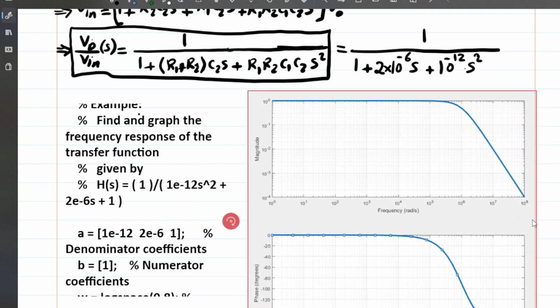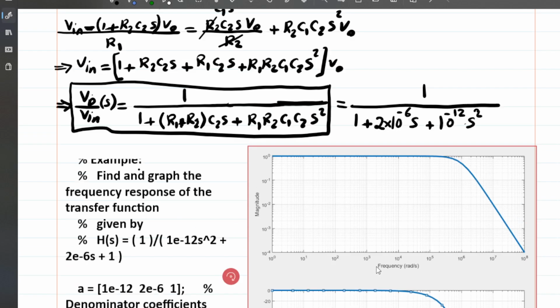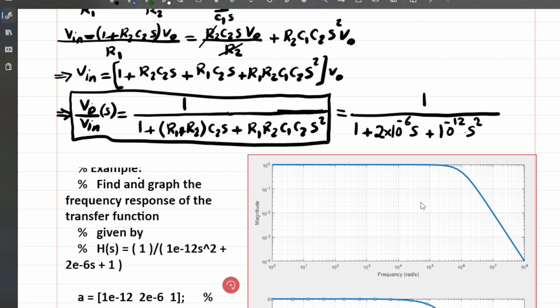Okay, so what is the significance of this? It shows the magnitude response and phase response of this second order, one op-amp based system. You can see it's purely low pass from a frequency of 1 radian per second up to roughly 1 meg. You can see that it is passing the incoming signal without a problem.